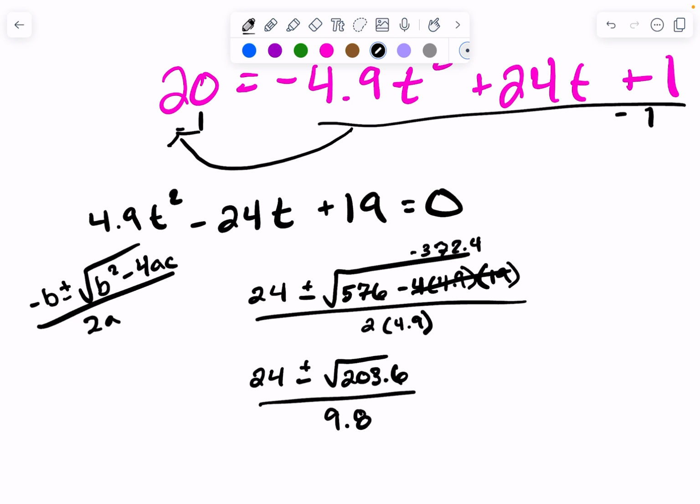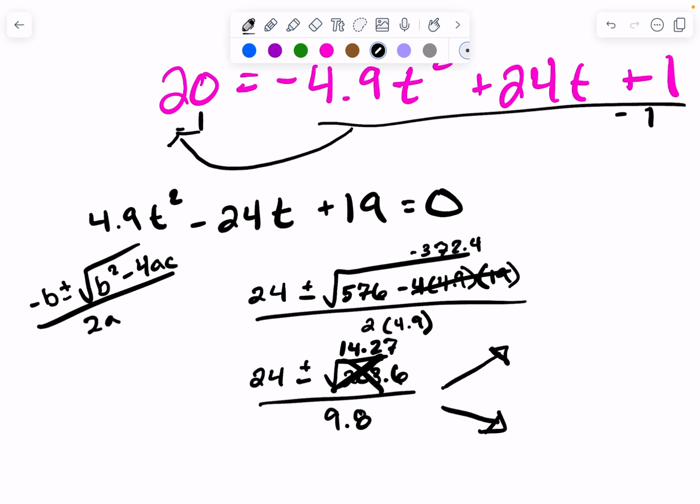The square root of 203.6 is about 14.27. Now I have two answers.